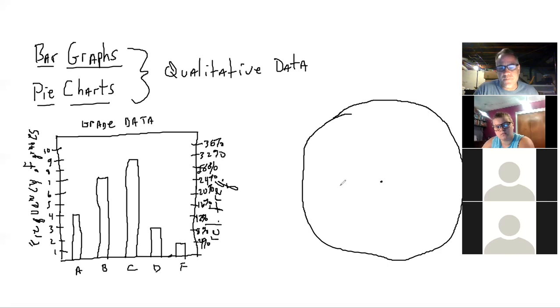So what angle do I measure out to represent that portion of the pie? It's 16% of 360, or 360 times 0.16, which is 57.6. So round to 58 degrees, and you would measure out a 58-degree angle.